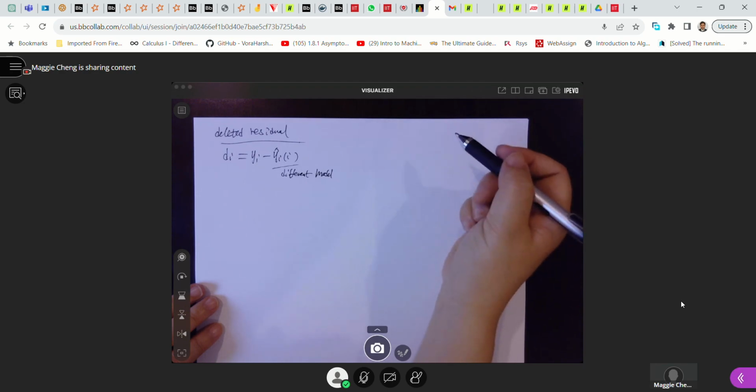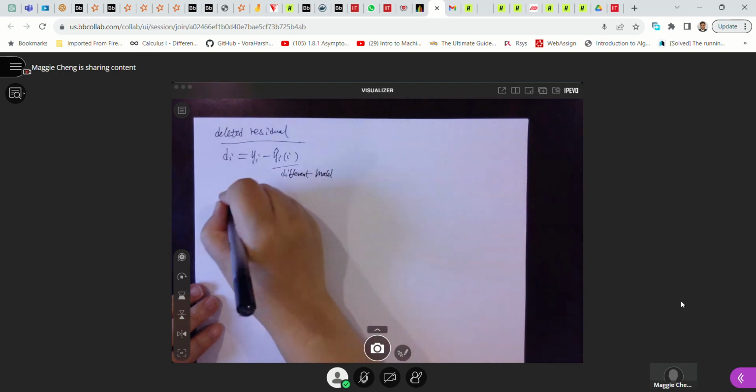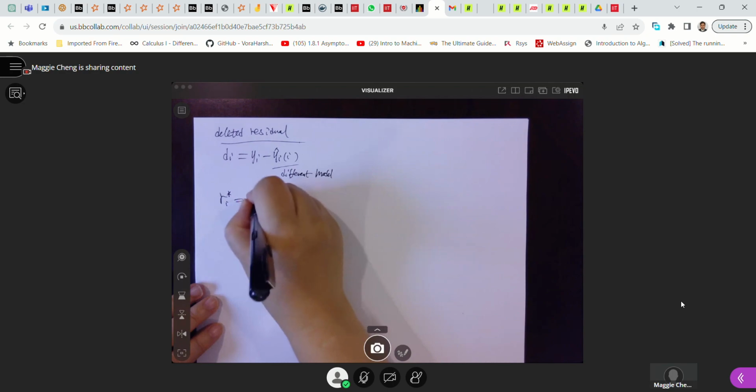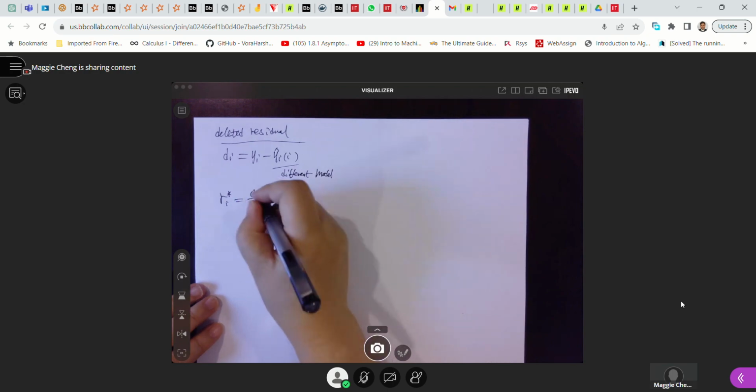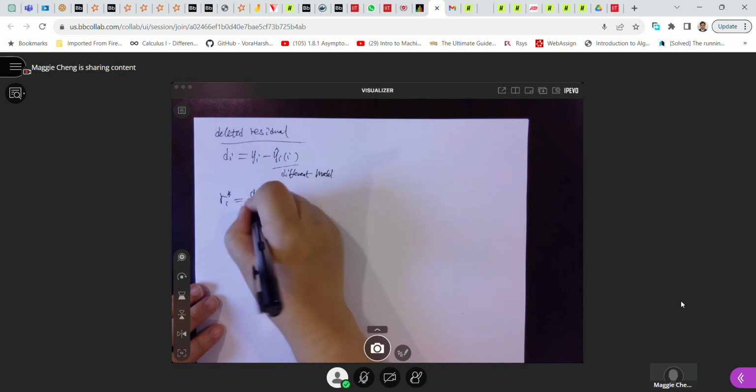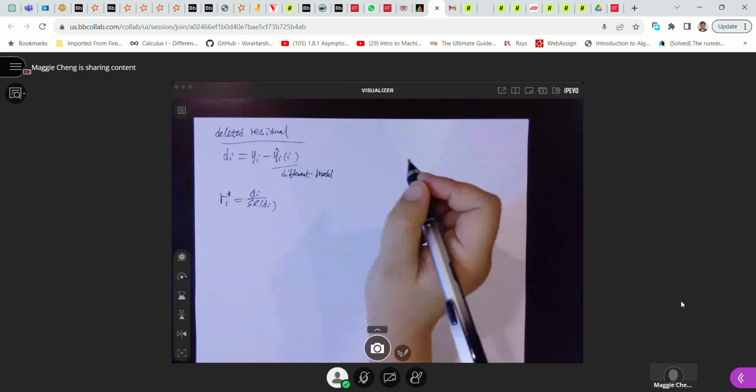So this is called the deleted residual. Then we standardize it. We call that r_i with the star. It will be d_i divided by, if we know the true variance, we would use the true variance. But here, let's just use the standard error of d_i.